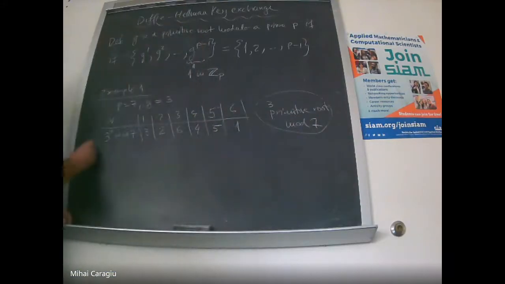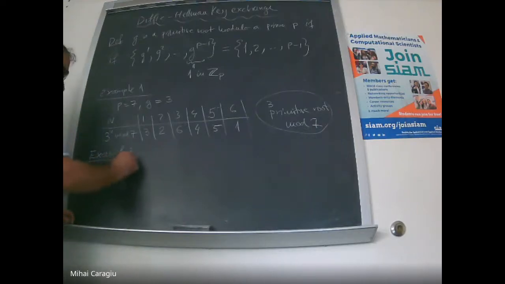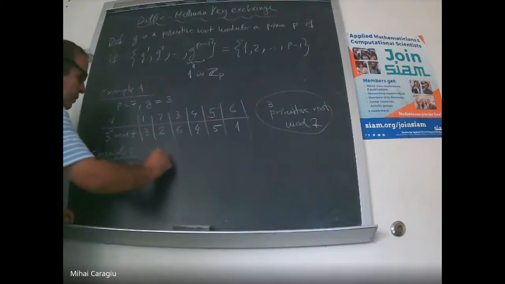On the other hand, there's example 2 of an element that is not a primitive root. Example 2, the number 2, again with P equals 7, but in this case 2 is not a primitive root.